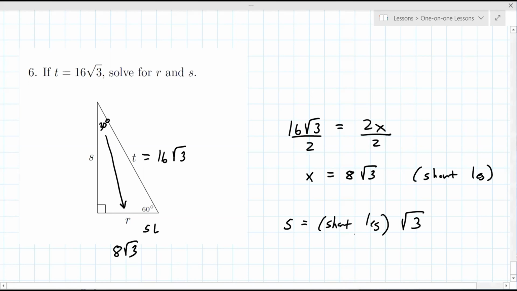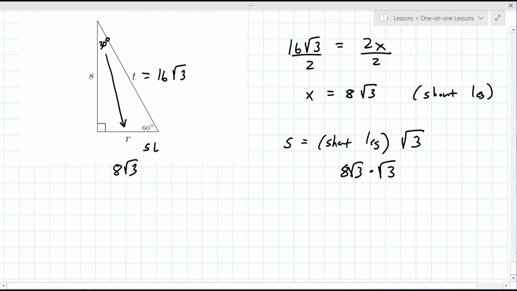So the short leg is 8 square root 3 times the square root of 3. From previous problems, hopefully you see that you can do this. The square root of 3 times the square root of 3 is? Square root of 9, which is 3. So that becomes 24. Okay.